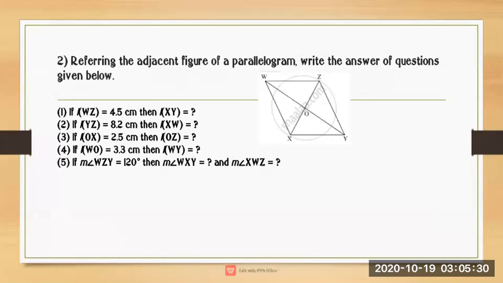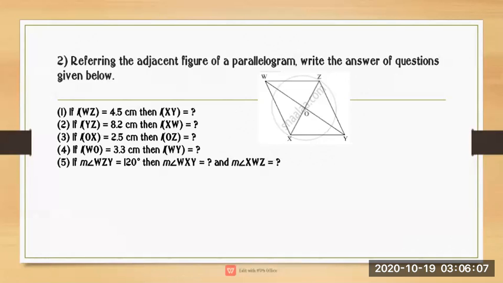Yes, some students are giving the proper answer. Some students have just missed something, so they are not getting the proper answer. Some students are writing 120 degree, some are writing 180 degree, but the exact answer is not there.